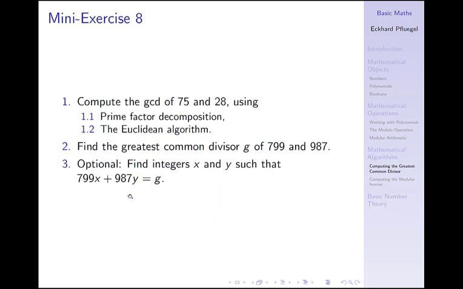So now you can do the mini exercise 8, where I want you to compute the GCD of 75 and 28. And you're going to compare and contrast, first of all, the school method using prime factor decomposition, where you're going to write 75 and 28 respectively as a product of powers of prime numbers.